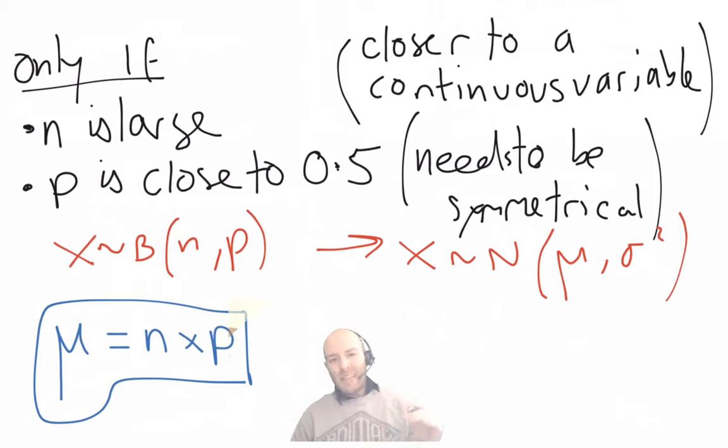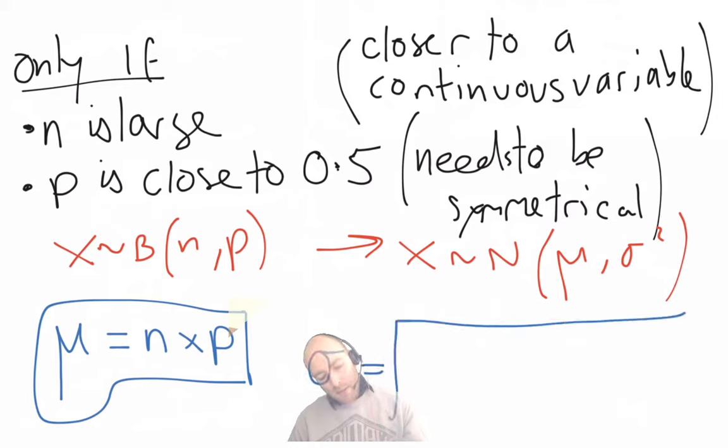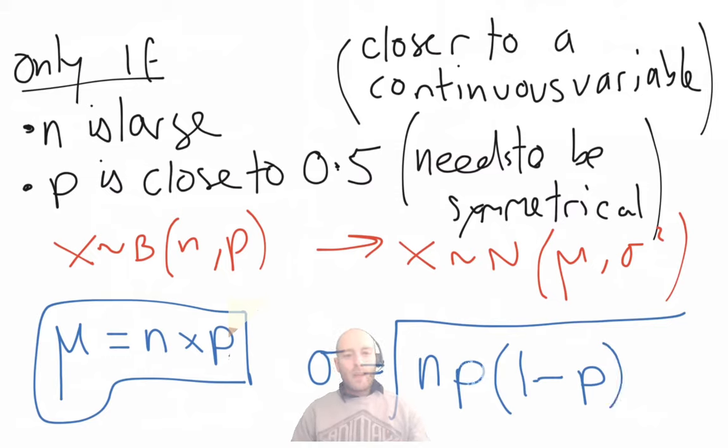Standard deviation is a bit less obvious, so we get sigma is the square root of np times 1 minus p. I can't really give you a reason for that. You just need to learn this one.